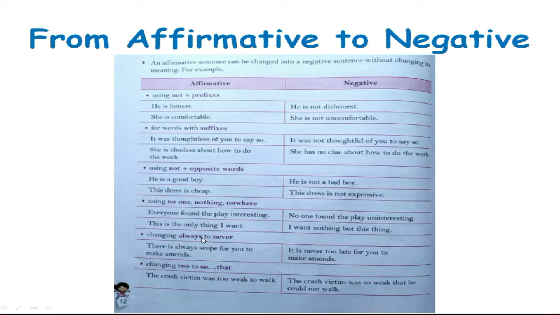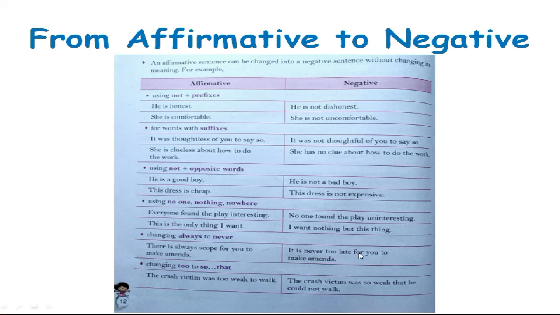Next, changing always to never. If your positive sentence has always in it, then you will change always to never. There is always scope for you to make amends. Amends means to make up for a wrongdoing. When you do something wrong, you can make up for it. So, there is always scope for you to make amends.